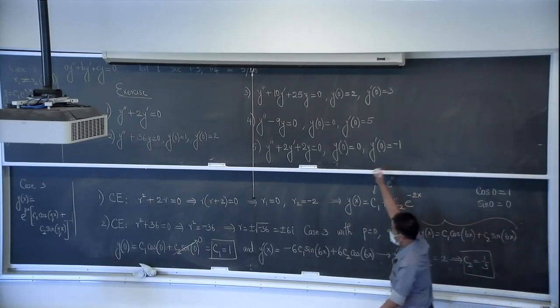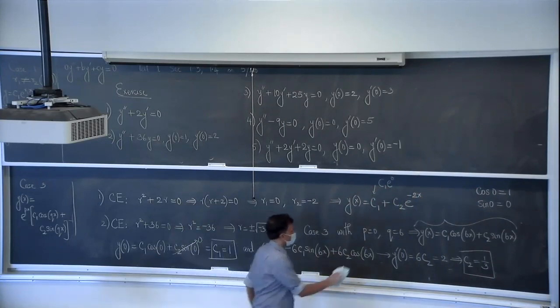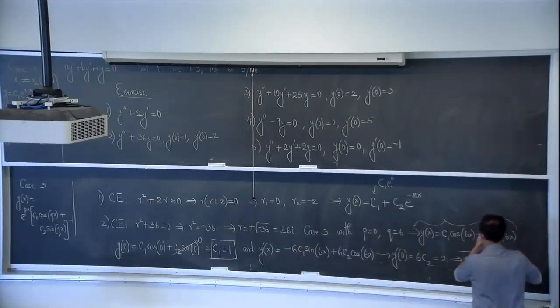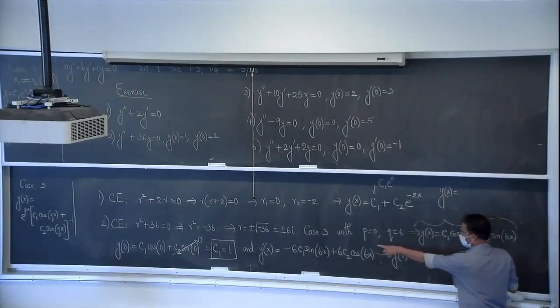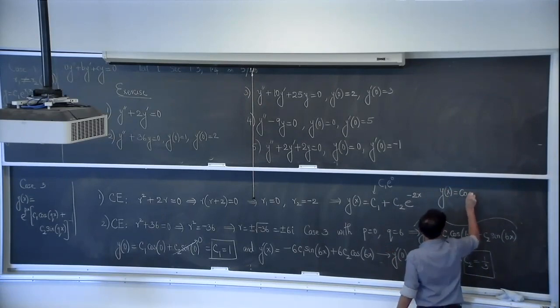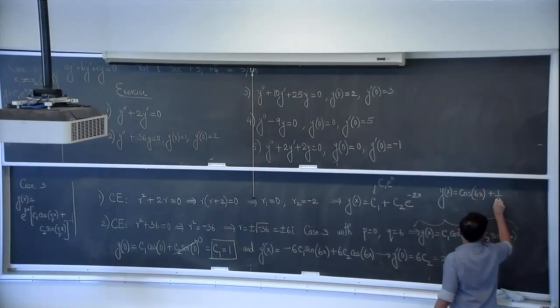I don't want to erase the problem, so we just try to squeeze it somewhere in here. So y of x, using the C1, C2 values, would be cosine 6x plus 1/3 sine of 6x.